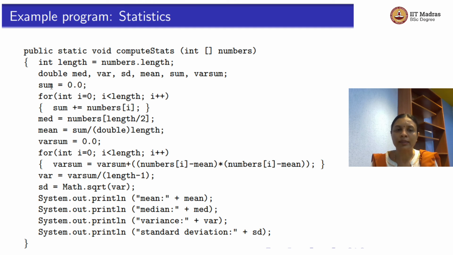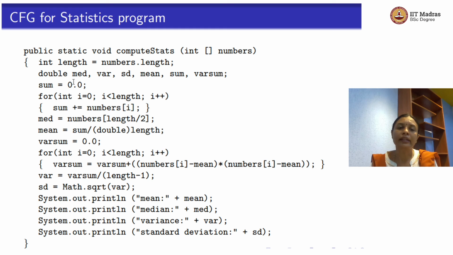It initializes the variables: median, variance, standard deviation, mean, sum, var sum. It first says what is going to be the length of your array called numbers. Then it initializes sum to be 0, starts a for loop that runs from 0 to the length and computes the sum of all the numbers in the array. Then it says median is nothing but this formula.